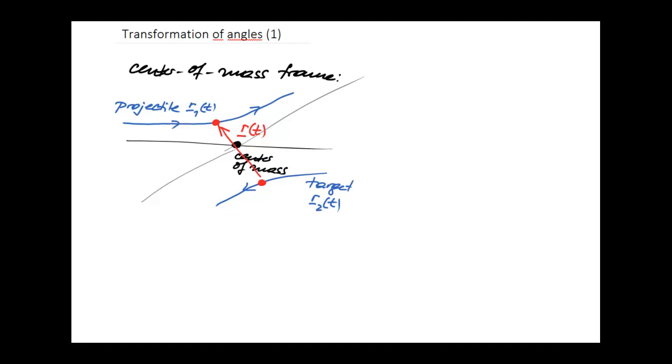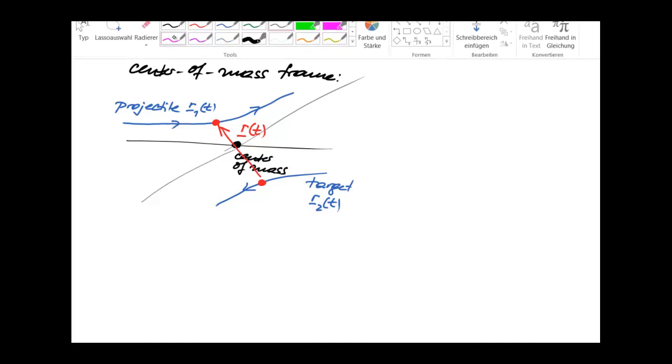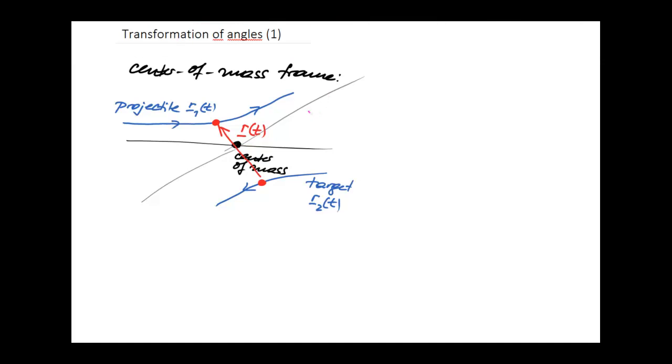And the angle between the two is the scattering angle theta that we had introduced and that features in our formulas. That's the view in the center of mass frame.